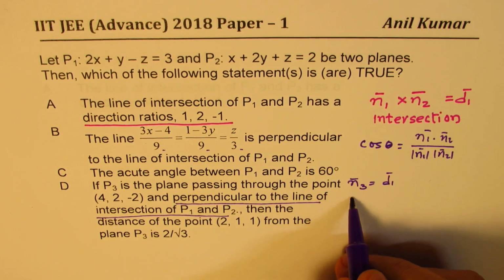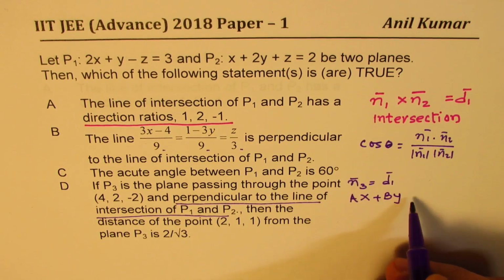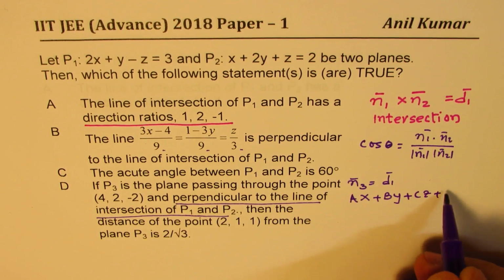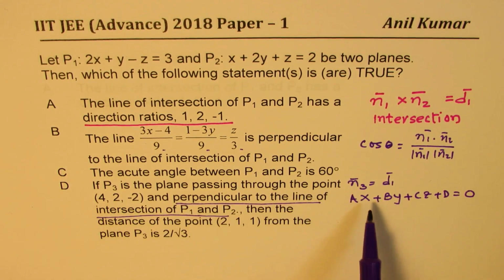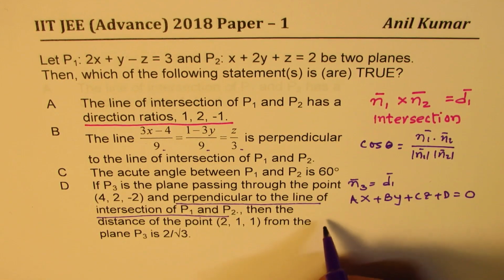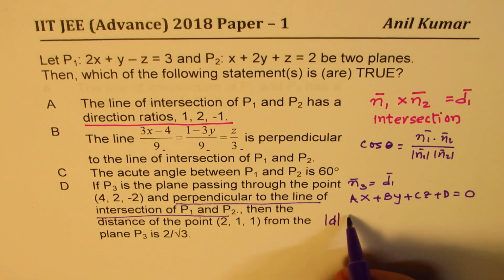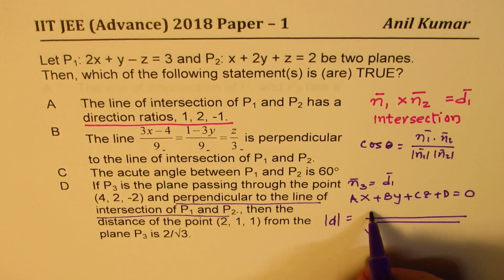Once you know that, you could write your equation as ax plus by plus cz plus d equals 0. The given point will give you the actual equation, and then the distance could be calculated very easily, right? You know the distance formula, that should give you the answer.